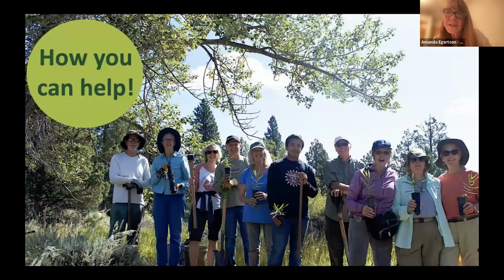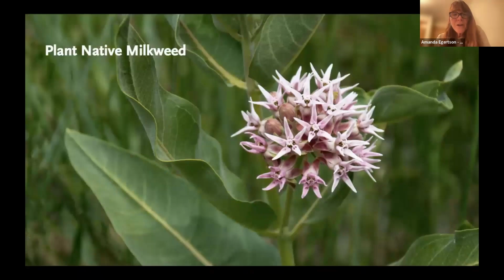But let's cheer ourselves up and talk about what we can do to help monarchs and all the other pollinators that are out there, because I think most of you are interested in learning more about how to build habitat for bees and other pollinators. So obviously, in the case of monarchs, plant milkweed.